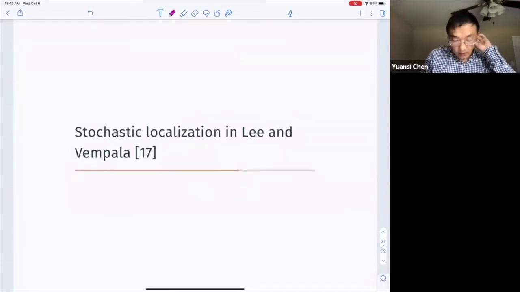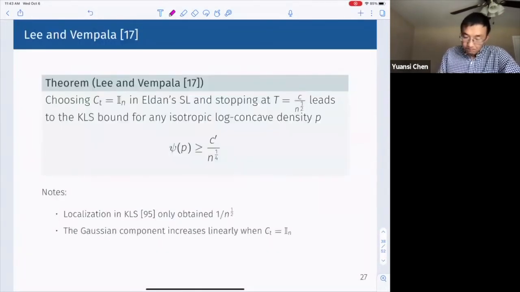So in the Lee and Vempala 2017 paper, they have a version of stochastic localization which improves the KLS bound that we got from needle decomposition. The theorem is like this.